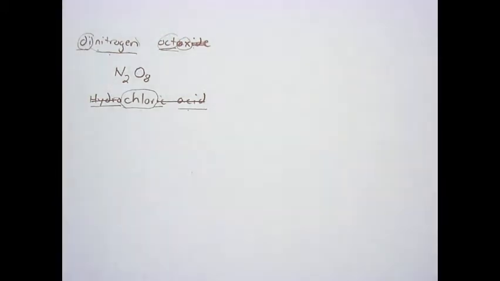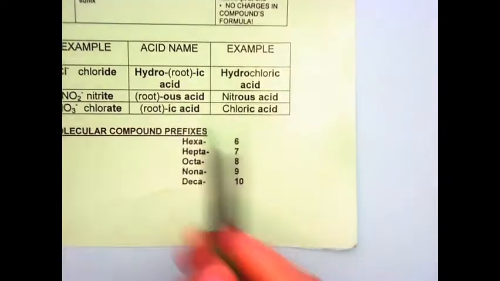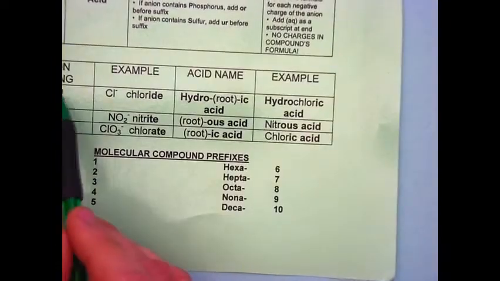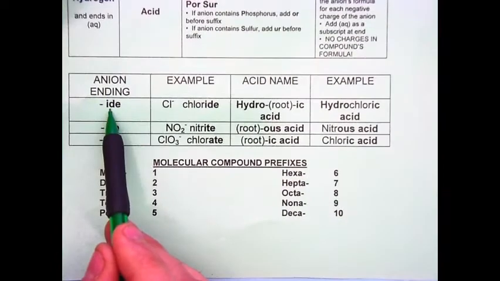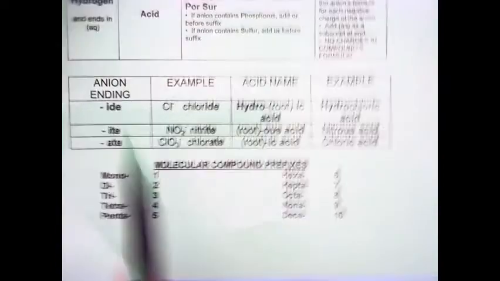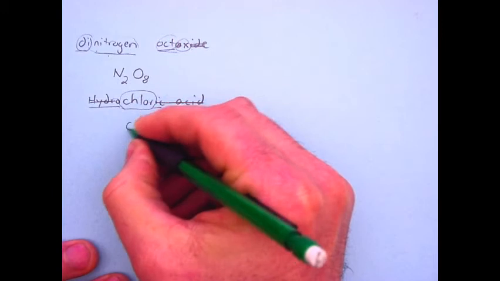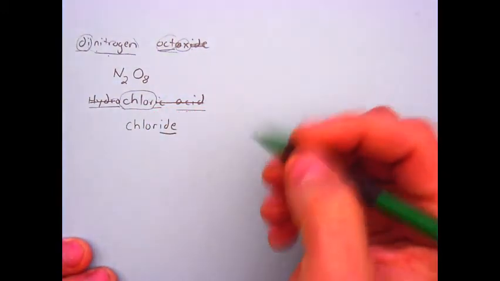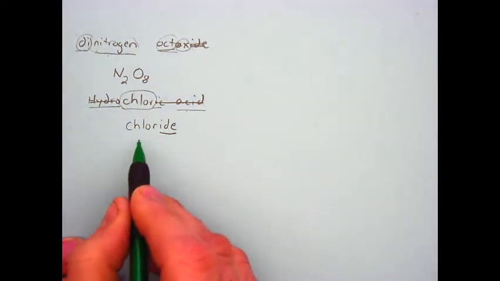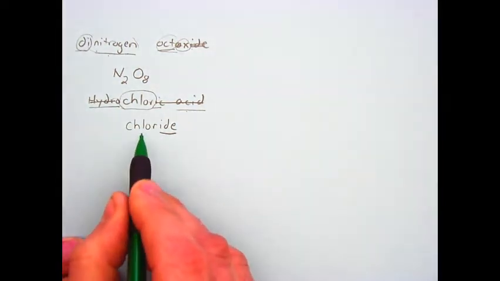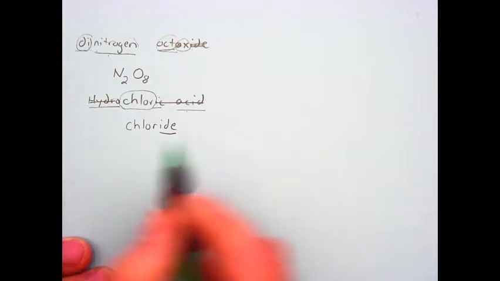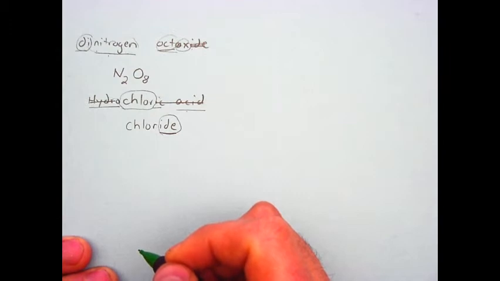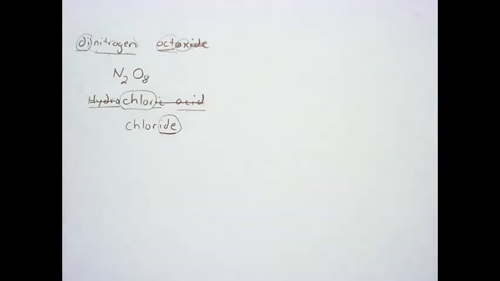Now, the original anion ending for hydro-ic acid was "ide." That's the one that matches that add-on. So we take the chlor and we write the ide original ending. Now we figure out, what is the symbol and charge for this anion? Since it ends in "ide", chances are it's going to be monoatomic. There are, however, a couple of exceptions.